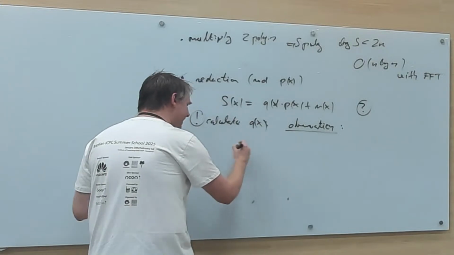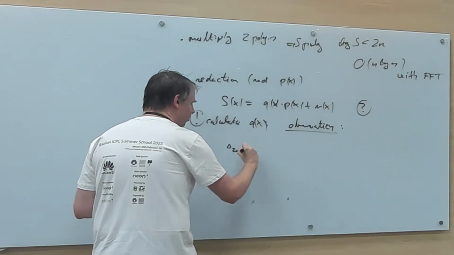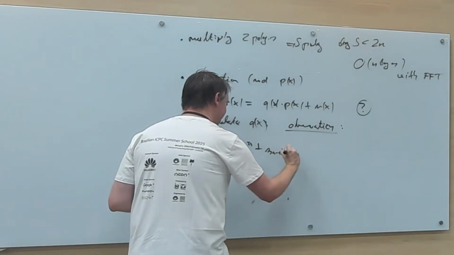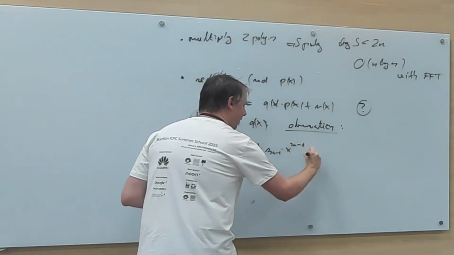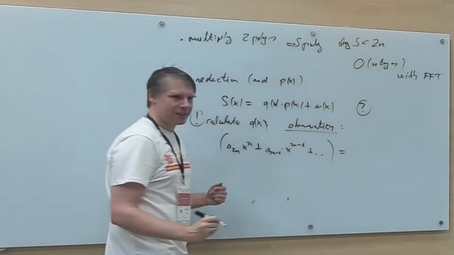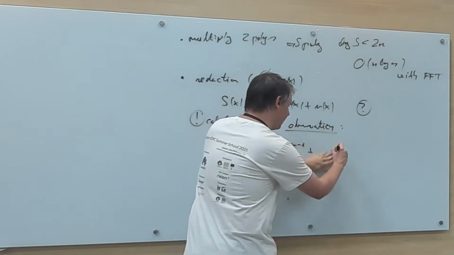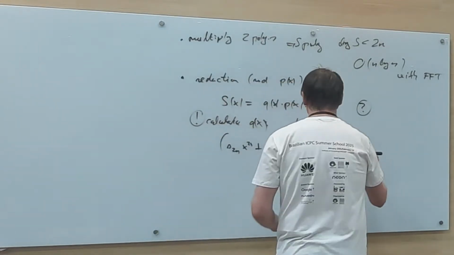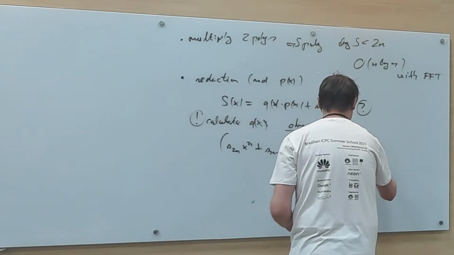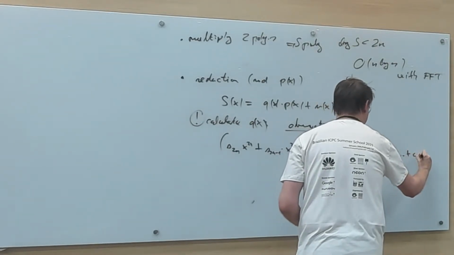You take S(x), which is S_2n times x^2n plus S_(2n-1) times x^(2n-1), and so on. If you are only interested in Q(x), then you could say that here we have P(x), which is C_n x^n plus C_(n-1) x^(n-1), and so on, plus C_0.